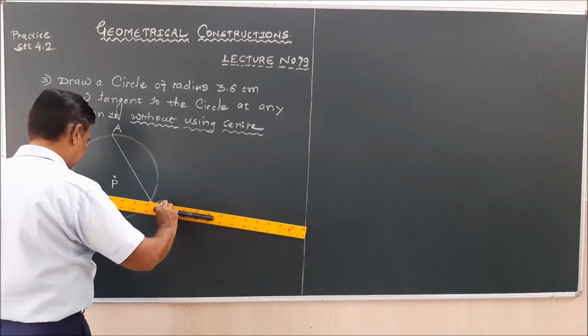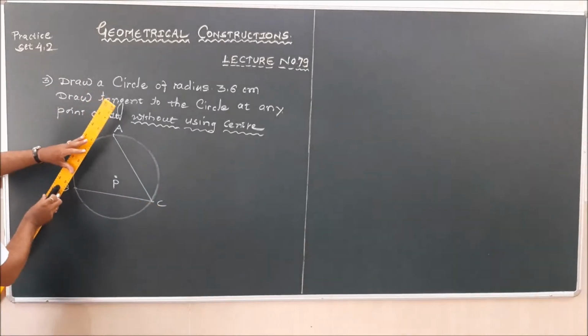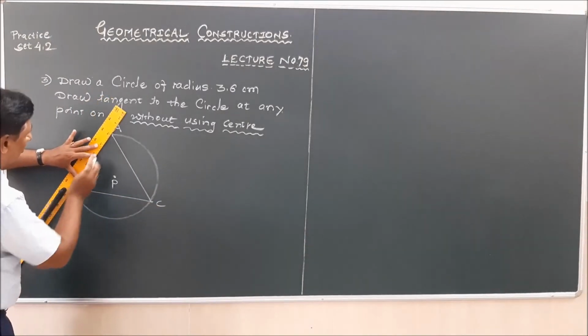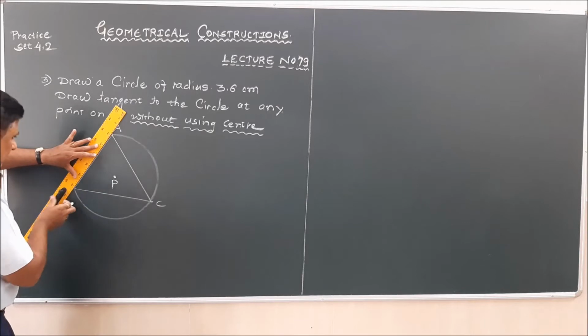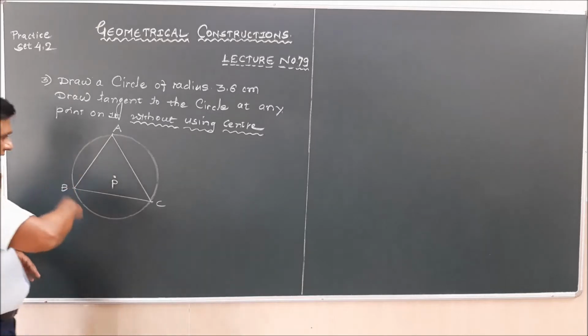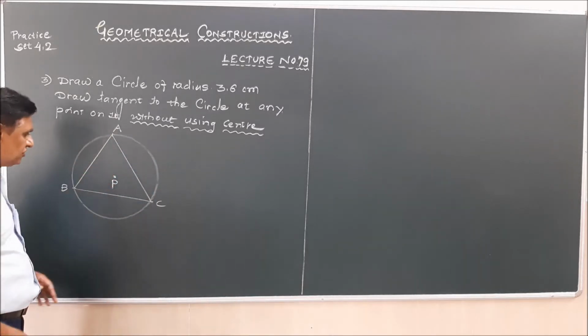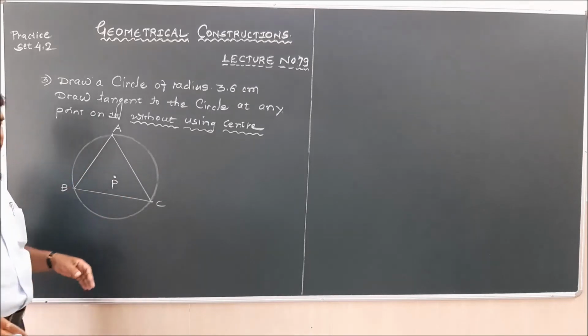I'll explain the theory, of course, don't worry, about why to draw the triangle. So I have drawn a circle of radius 3.6, then I plotted points A, B, C on the circumference and completed the triangle.